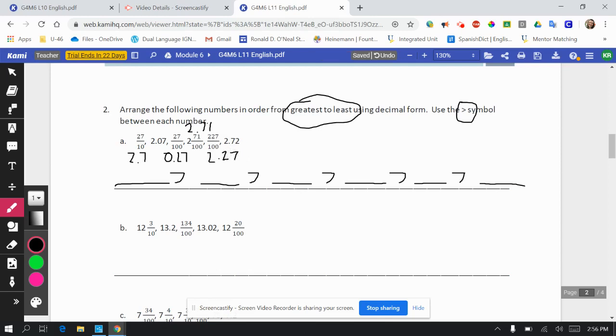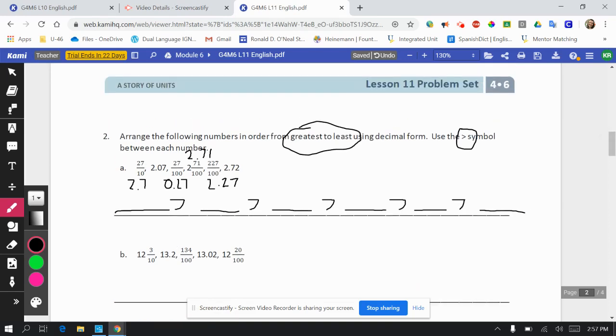I'm ready to put them in order. Which one is the greatest? 2.72 is the greatest. So I'm going to write that here, 2.72.